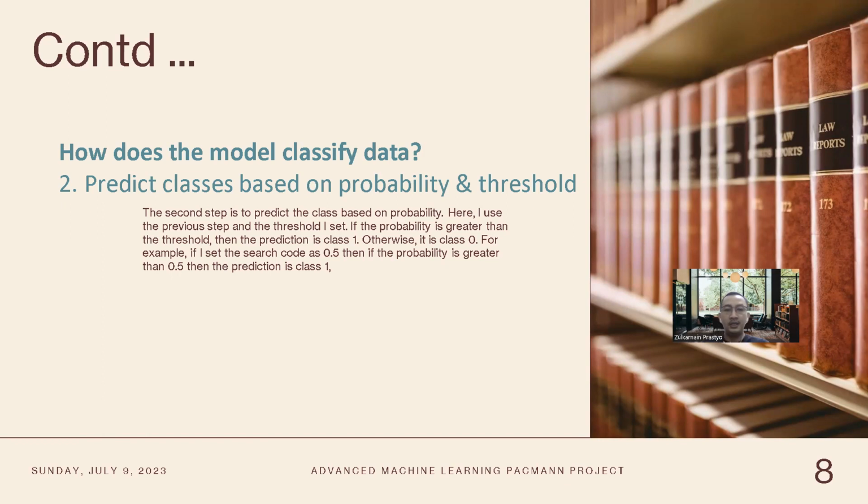If the probability is greater than the threshold, then the prediction is class 1, and otherwise it is class 0. For example, if I set the threshold as 0.5, then if the probability is greater than 0.5, the prediction is class 1.